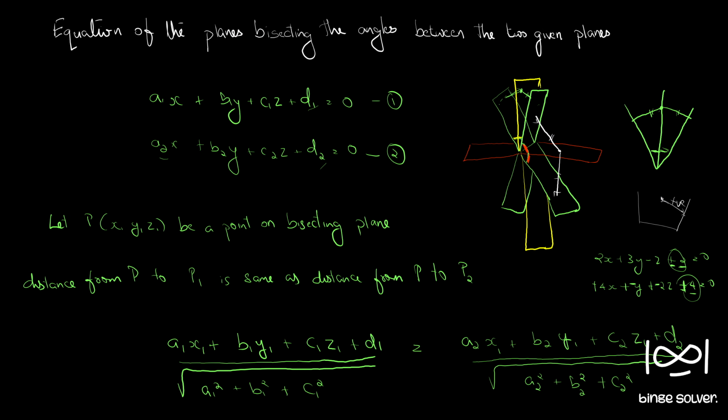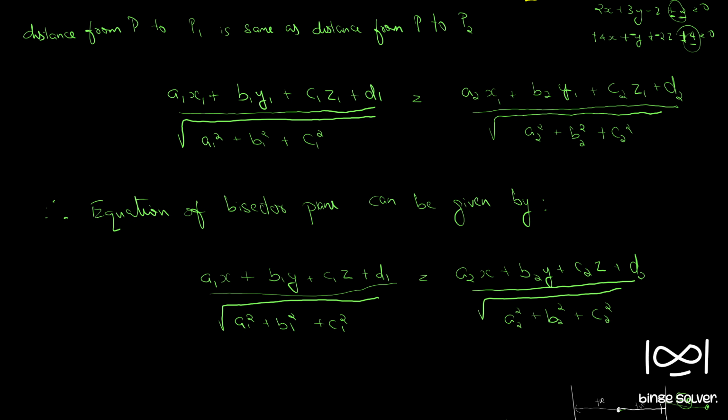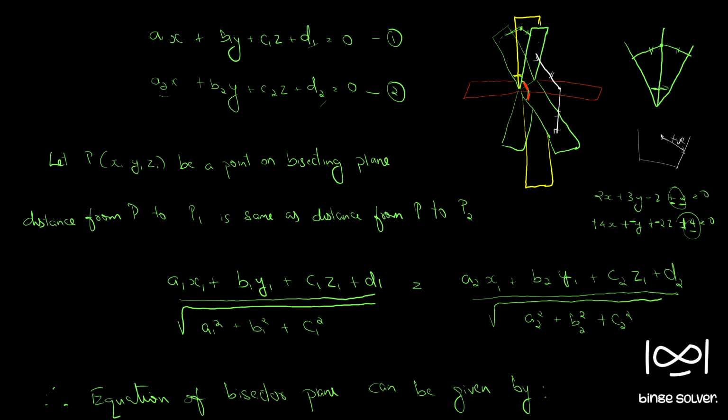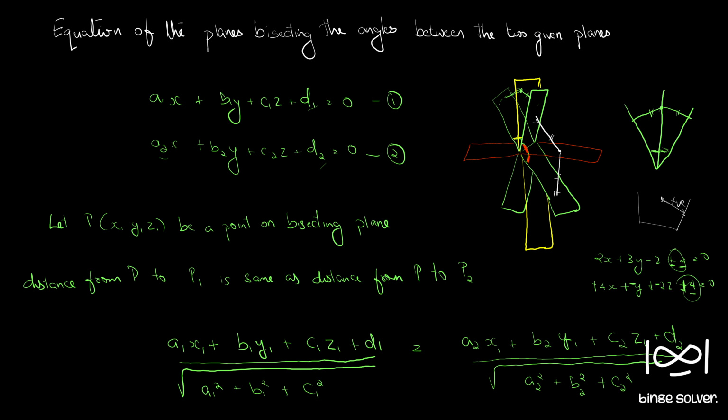Whenever planes intersect, there are two angles, one acute and one obtuse, and there will be two bisector planes. Those two planes are represented by these two equations with a positive sign here and a negative sign here. This is the derivation. I hope you understood this part, and we will move on to the next part.